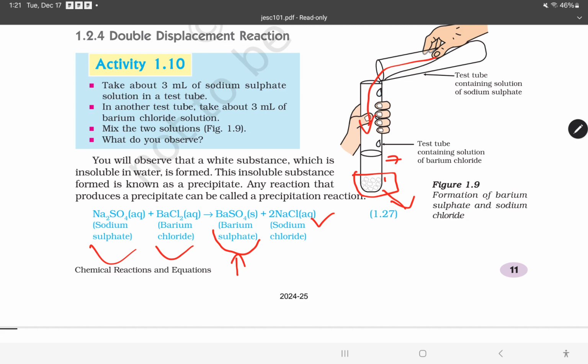So if you observe, barium is getting combined with sulfate, and the sodium and chlorine are getting combined. So both the things are displaced here, barium sulfate and sodium chloride. So sulfate is moving towards barium and chlorine is moving towards sodium. So this type of reactions are known as double displacement reactions.